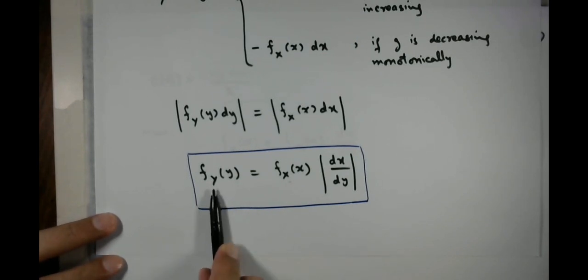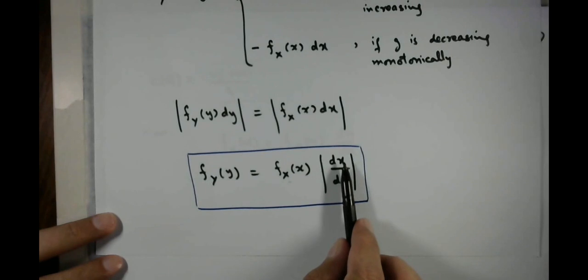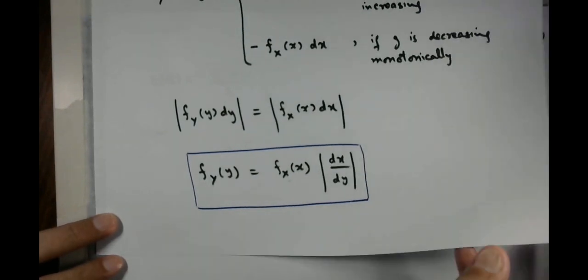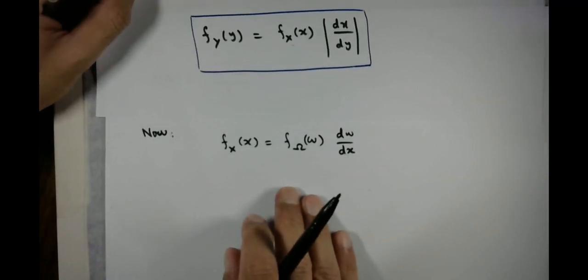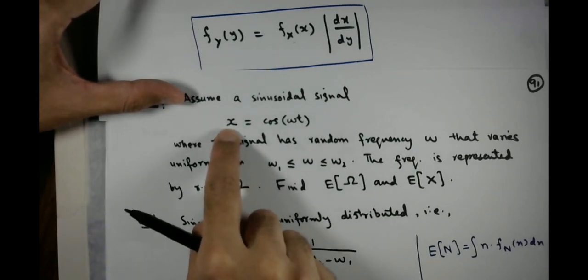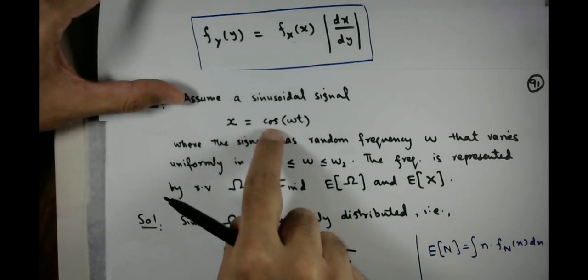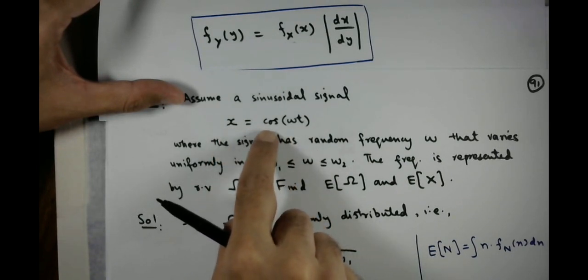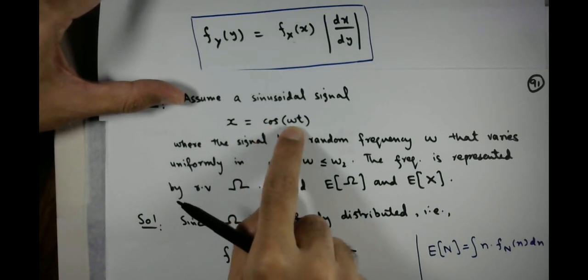The target random variable's distribution and the source random variable's distribution are related in this way, and then you multiply it with the derivative. Here x is your target random variable, because x is represented by applying a cosinusoidal functional form on omega.